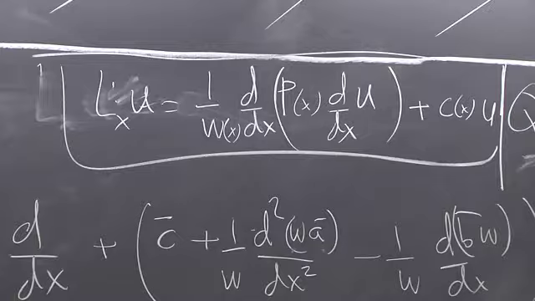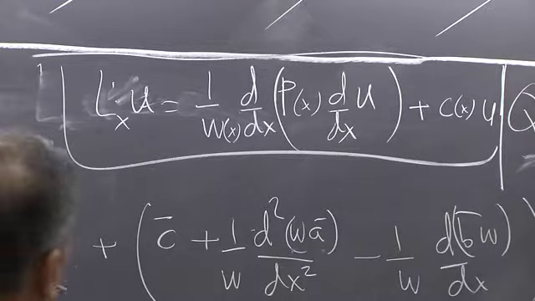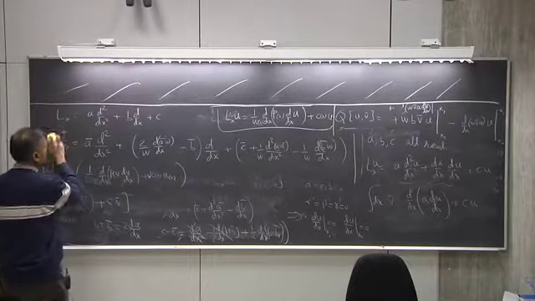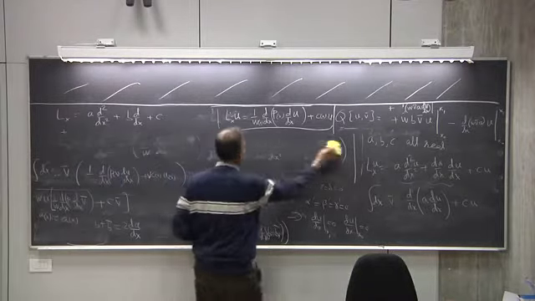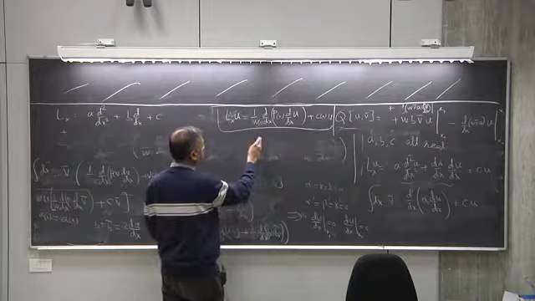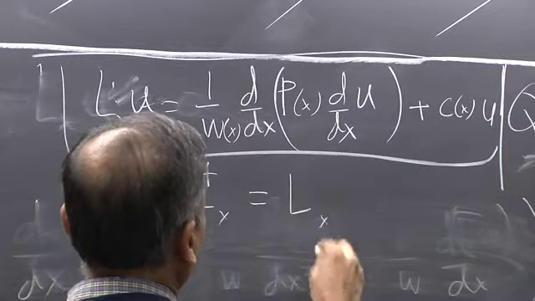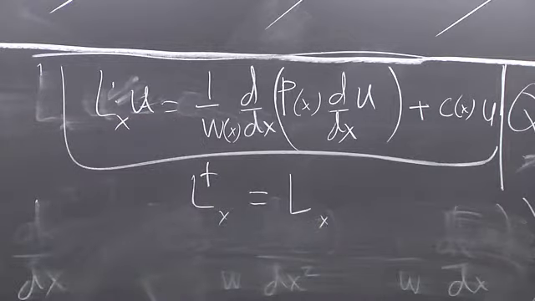So that immediately tells me one important thing. Let me write this again: for such an operator, L dagger is equal to L as a formal operator. I'm not saying that the boundary conditions are the same. We have not analyzed the boundary conditions, but just as a formal differential operator, they are the same.